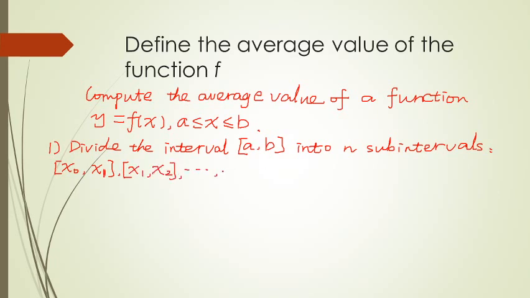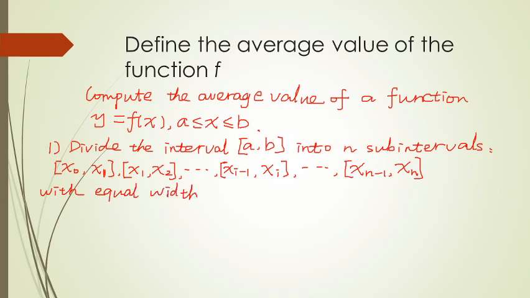The i-th subinterval will be x(i-1) until xi. And then the last one will be x(n-1) until xn. With equal widths, what is my delta x? Delta x equals (b minus a) over n, right? We are familiar with those.